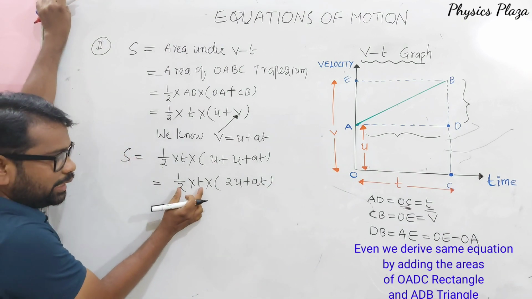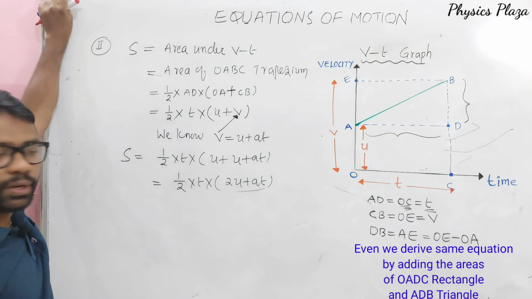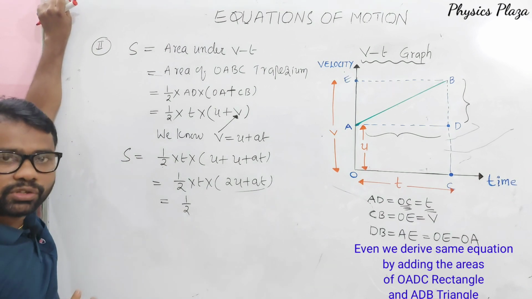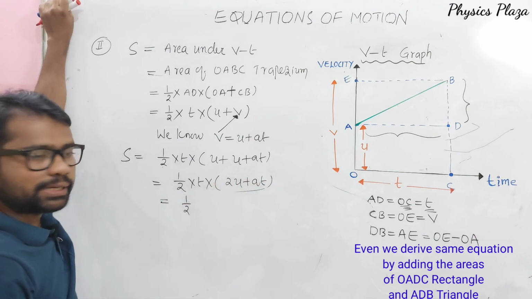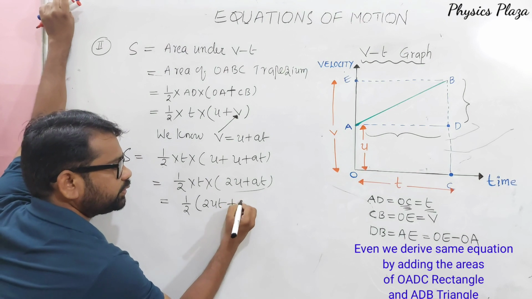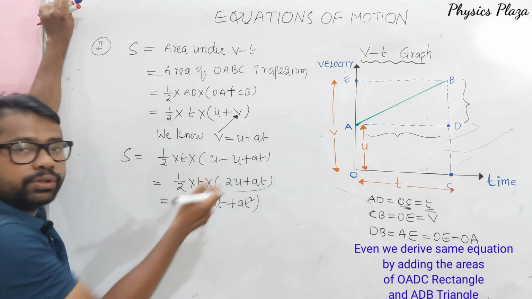Now with this T by 2, let us multiply these two terms inside. Or else first keep the half aside, just outside. With the time you multiply the inside terms. So it is going to be 2ut plus at square. Now you multiply with this 1 by 2.